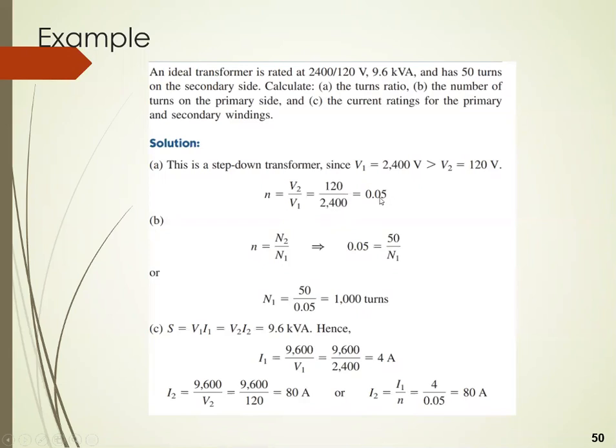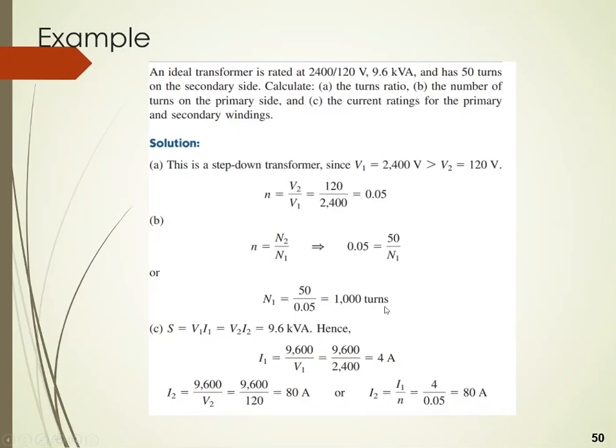Now that I know the turns ratio, and that it is defined as the number of turns on the secondary over the number of turns on the primary, and I'm given the number of turns on the secondary side, I can solve for N1. The number of turns on the primary is 1000.